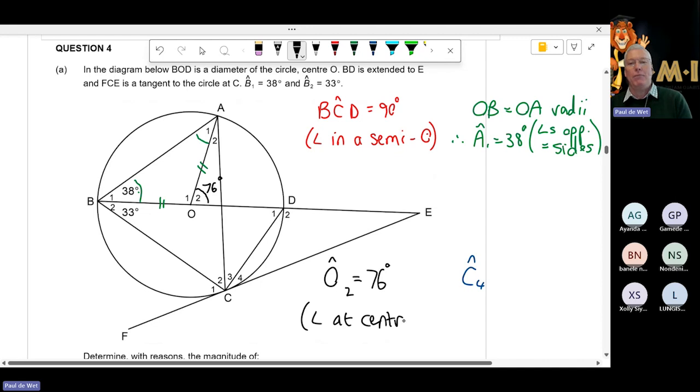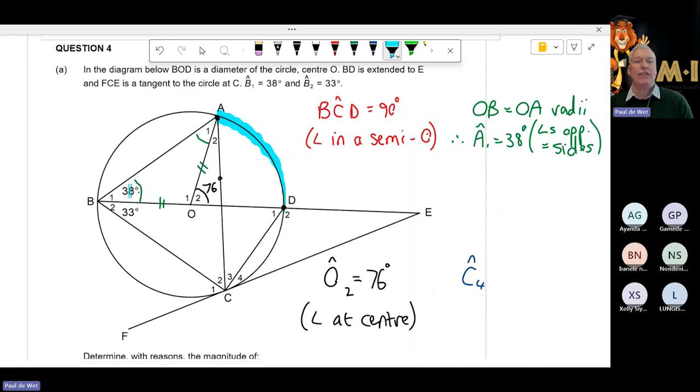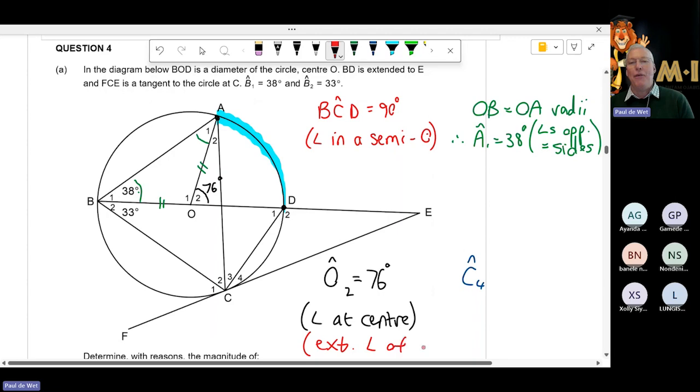Off this arc AD, there's an angle at the center and an angle at the edge. The angle at the edge is 38, so this one must be 76. There is another reason: exterior angle of the triangle. Well done. I think it's beautiful that there are three different ways to do this question.